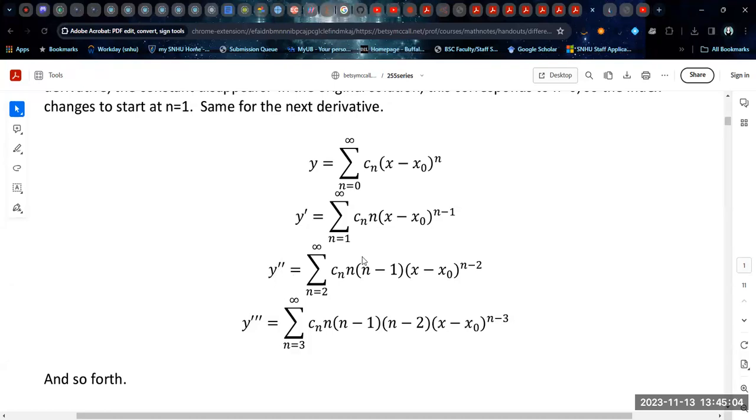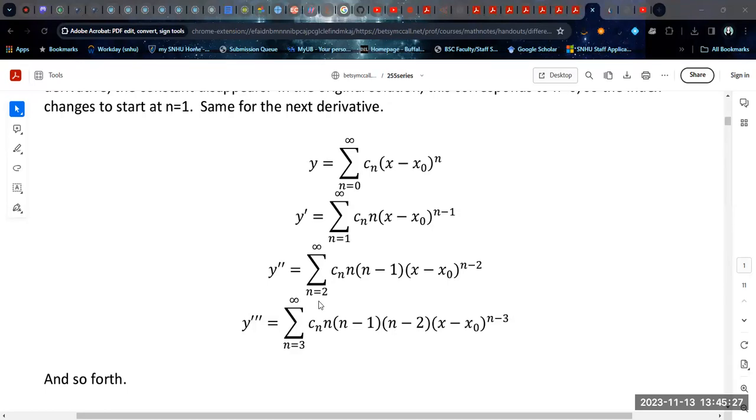The second derivative, then, we start with the first derivative, we bring our n minus 1 power down, we reduce our power by 1, and we lose another term. We start now at n equals 2, because the n minus 1 term, when n is 1, is now an expression raised to the 0 power, which is a constant, and therefore it disappears.